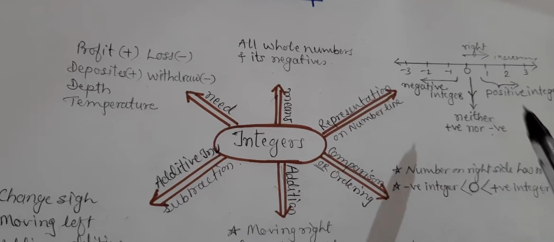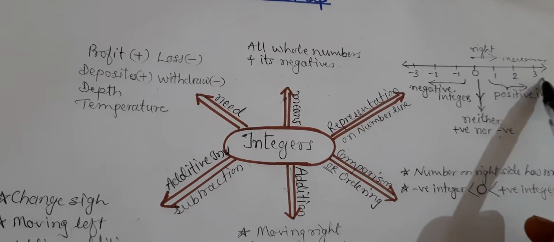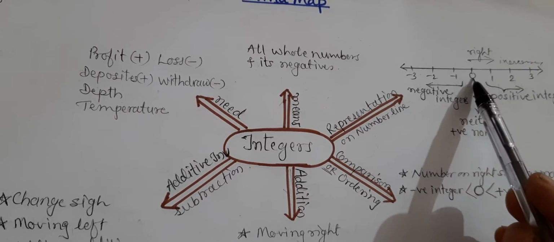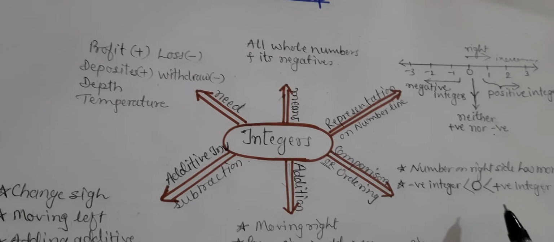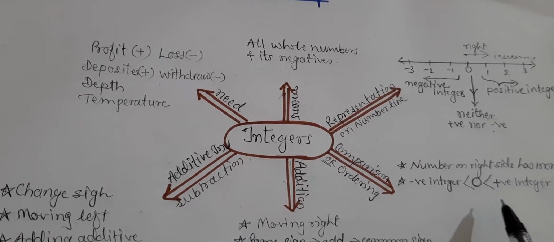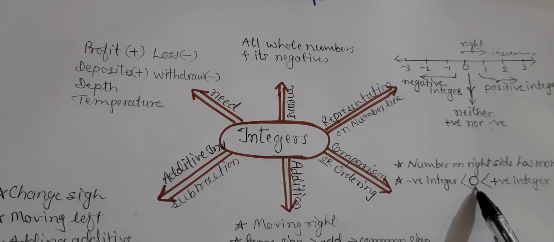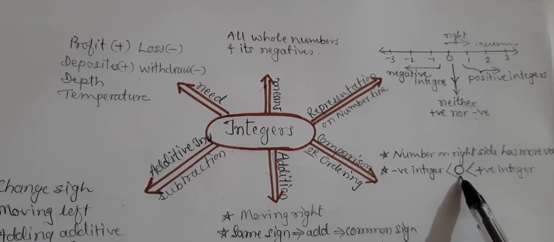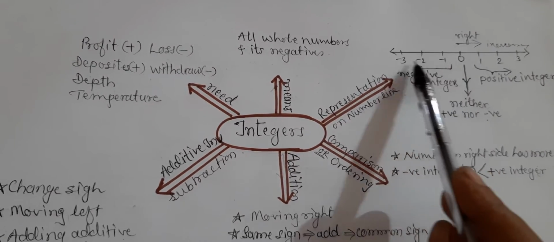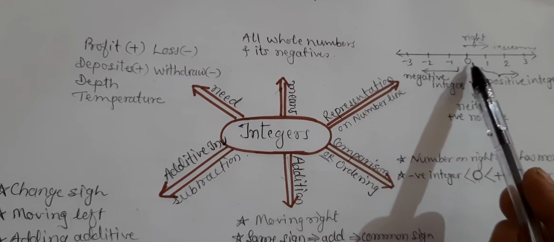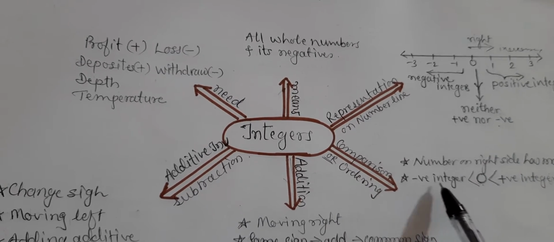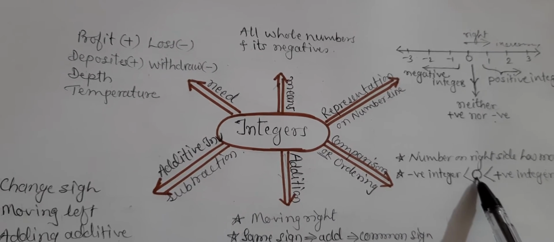Now from this we can see that all the positive integers are to the right side of the 0. It means all positive integers are greater than 0. Now here we can see that all the negative integers are to the left of the 0. It means all the negative integers are less than 0.